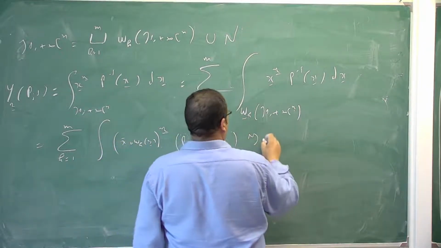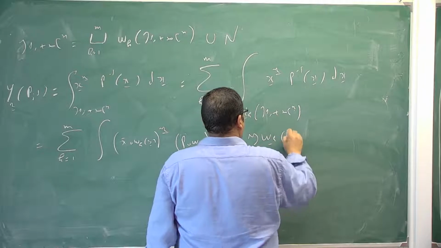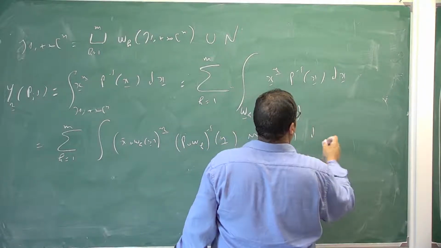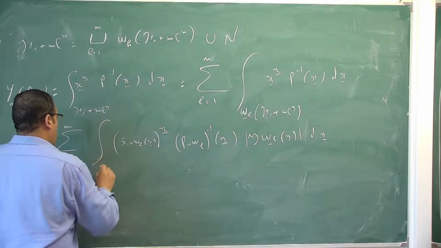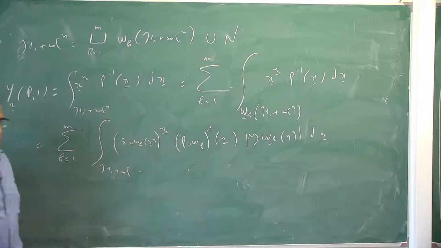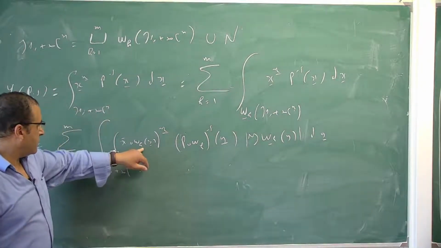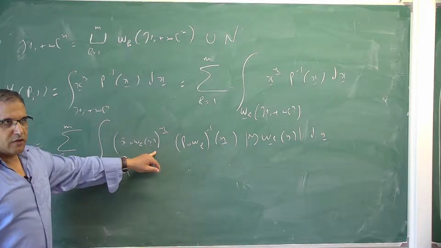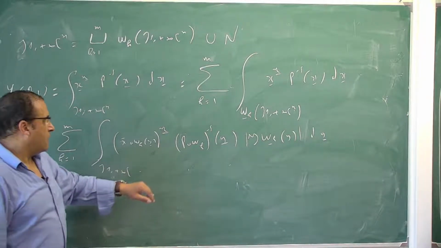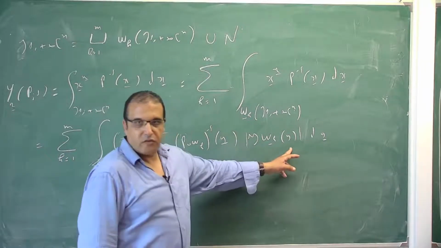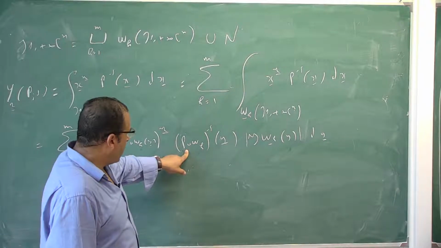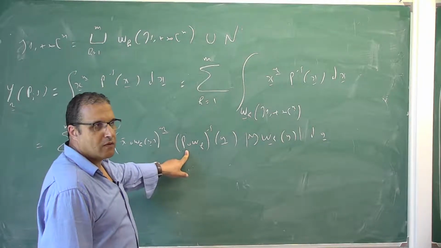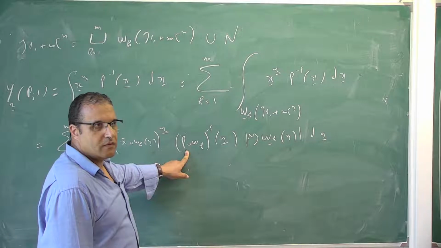The Jacobian of omega k is a monomial, because this function transforms monomials into monomials, and the Jacobian is also a monomial, and this new polynomial now has a dominant monomial.